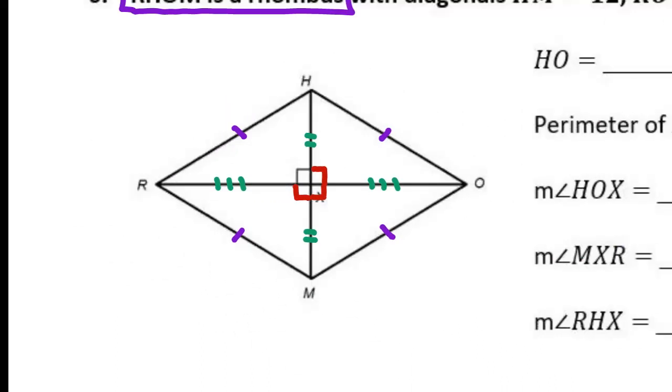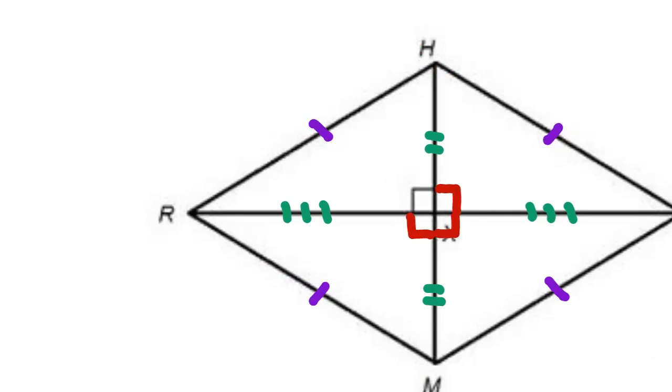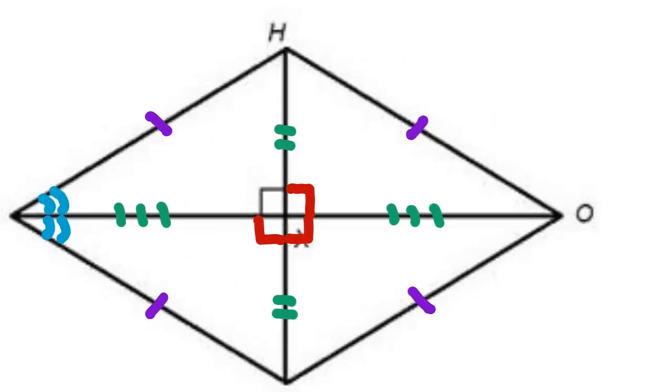And then last thing I want to know is about these little half angles where they're being bisected. They would be congruent to each other, right? So RHX is congruent to MRX, or sorry, HRX is congruent to MRX.